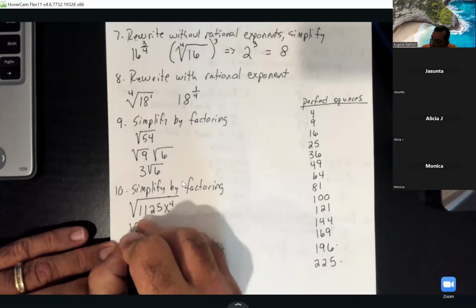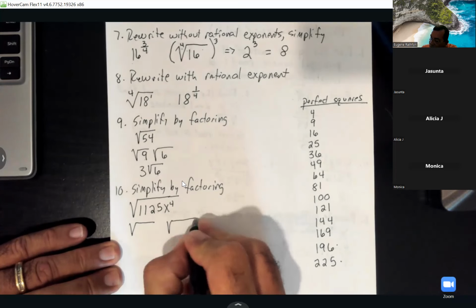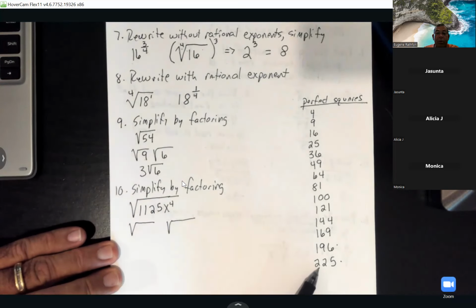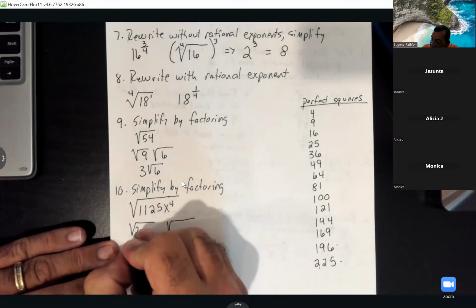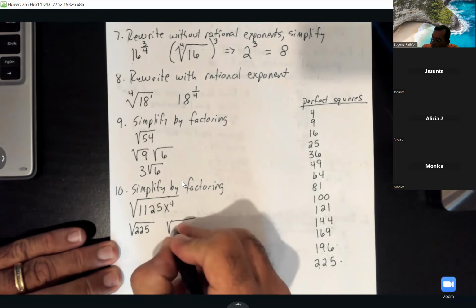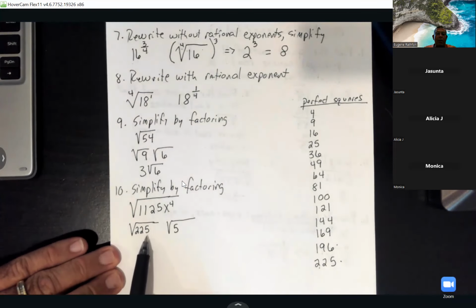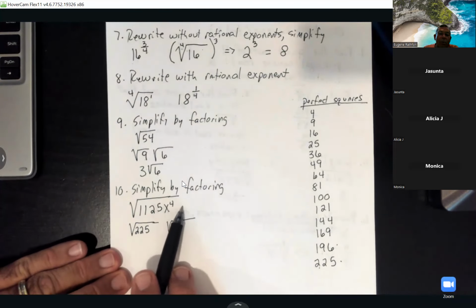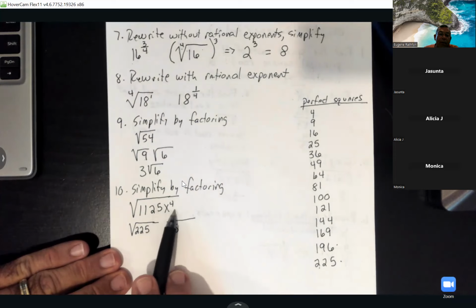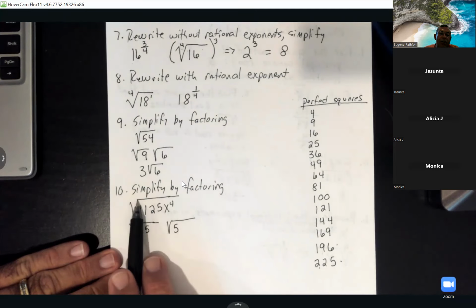So I'm going to make two radicals here. I'm going to put my perfect squares over here, which was the 225, and then the 5 goes in the second radical. Now with variables, since this is square roots, even numbers divide by 2.